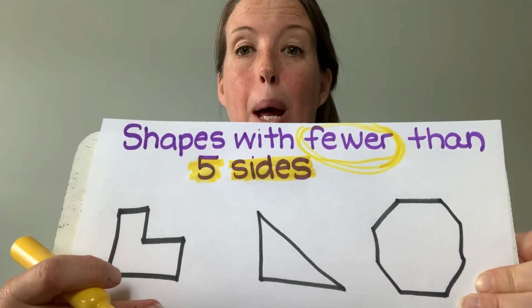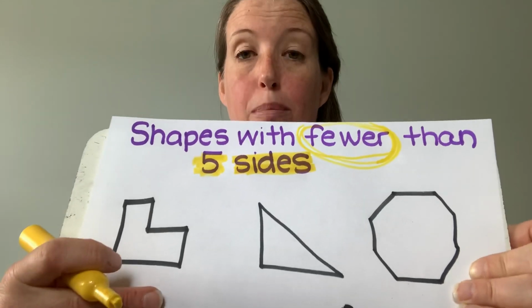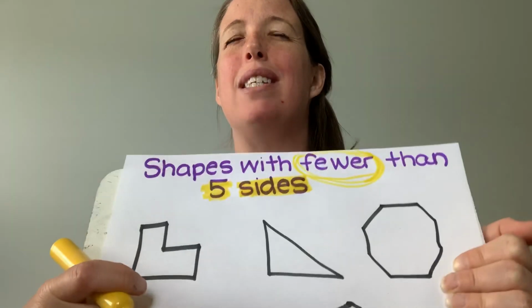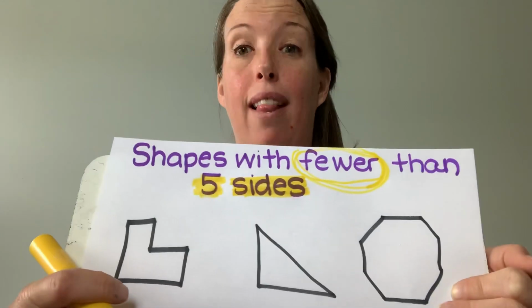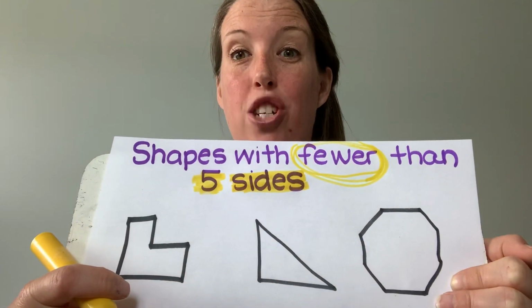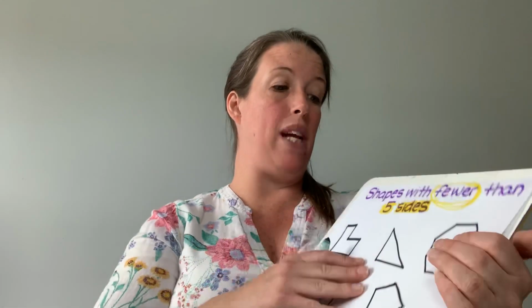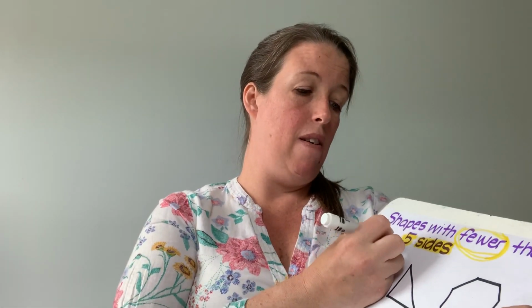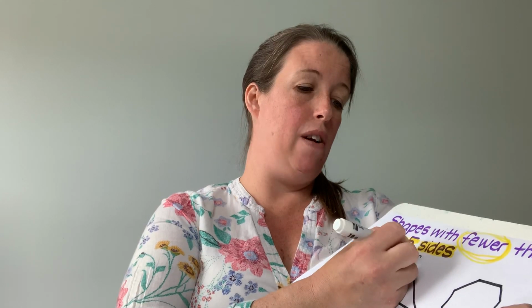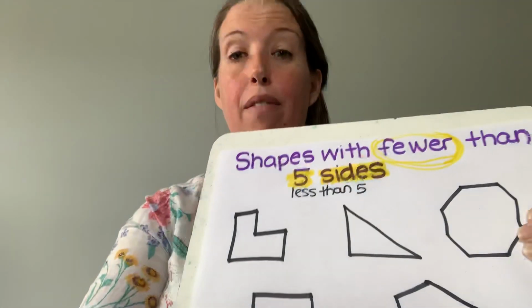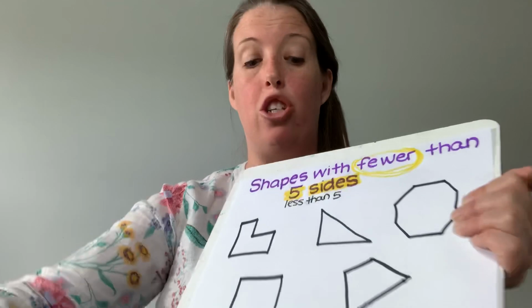That means my shapes have to have fewer, which is the same as less than. So my shapes have to have less than 5 sides. So I'm even going to add this here, less than 5. If it has less than 5, I can leave it. It fits. Let's check it out.